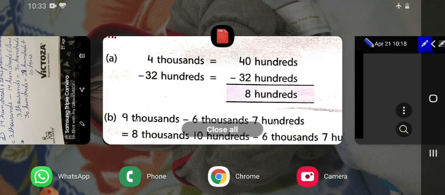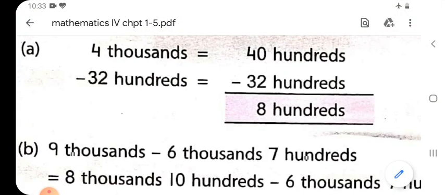Okay, simple like this. 4000 has become 40 hundreds and 3200 is the same. The first important thing is that before subtracting, whether it is hundreds or tens, you have to convert it into the same units, that means the same place value.